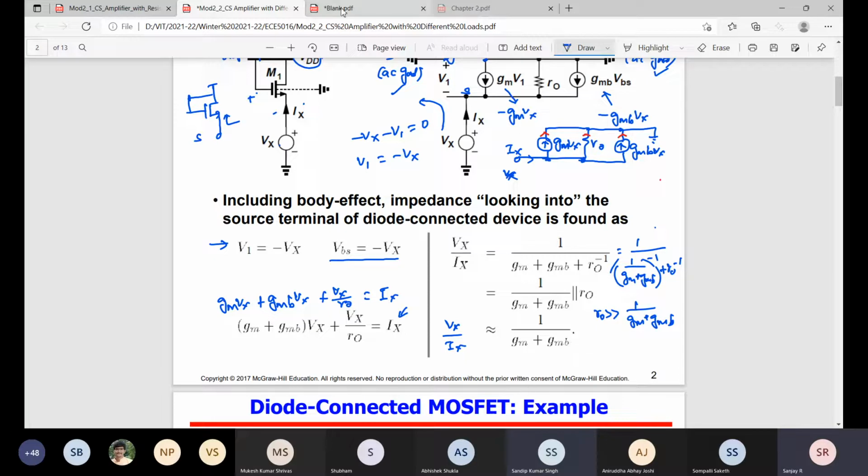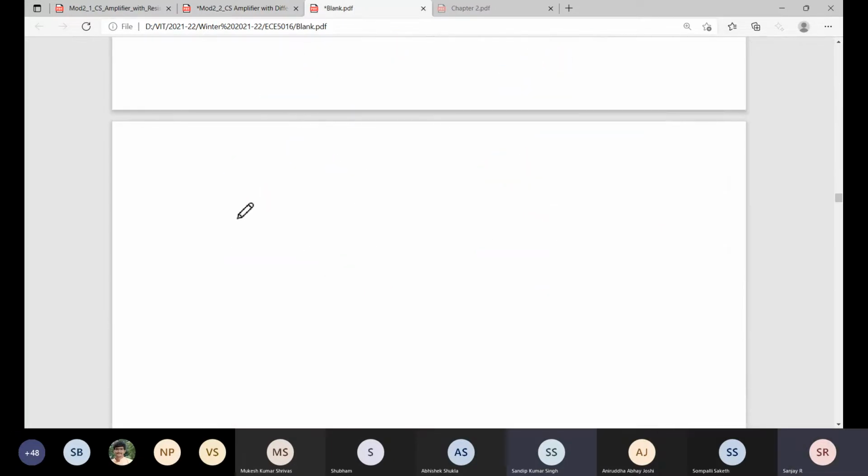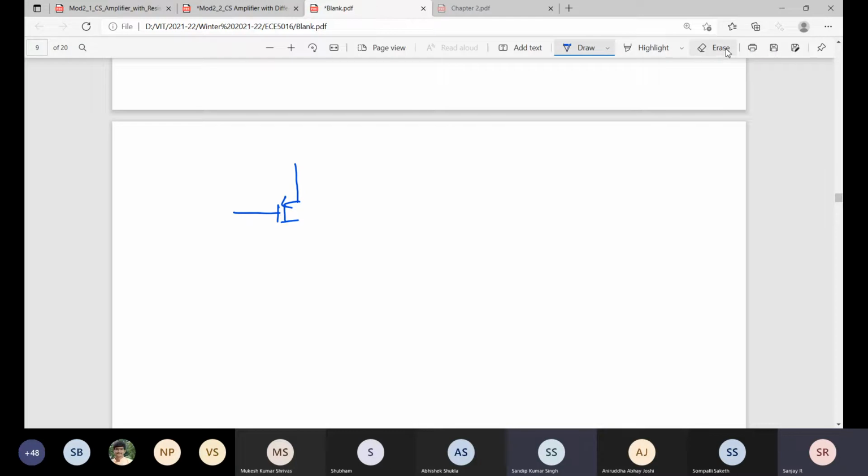Okay, so what do you understand now? Let's take a diode connected device. Any device can be taken, so let me take NMOS. Okay, I put PMOS. Gate and drain connected. So what is the impedance looking from the drain? 1 by gm.